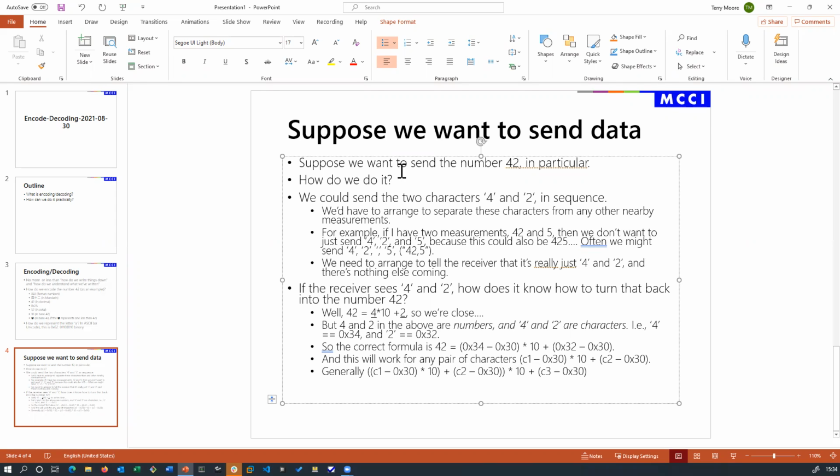So how would we encode this? Suppose we've got the number 42 and we want to send it in this way.